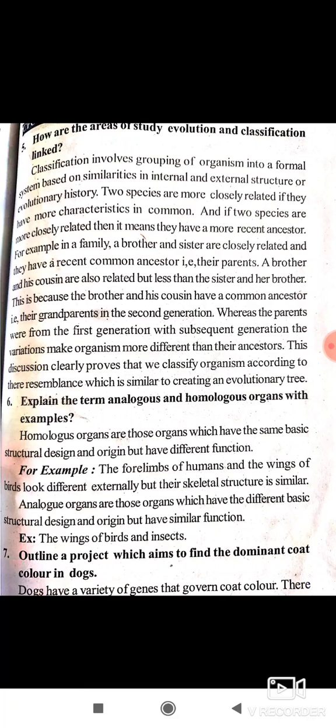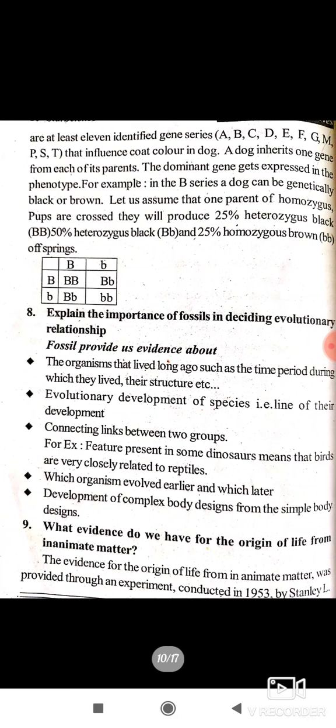Outline a project which aims to find the dominant coat color in dogs. Dogs have a variety of genes that govern coat color. There are at least 11 identified gene series that influence coat color in dogs. A dog inherits one gene from each of its parents, and dominant genes get expressed in the phenotype.